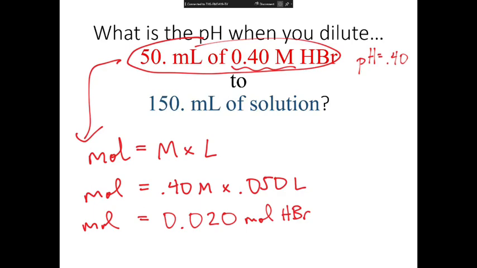When I diluted it, now I've got a new molarity. The new molarity is 0.020 moles of HBr dissolved in the total of 150 milliliters, which is 0.150 liters.